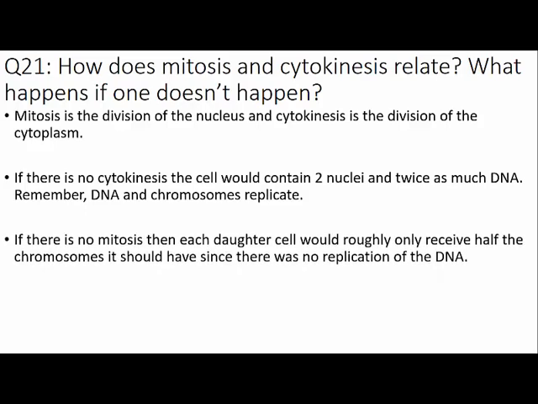Now, if there's no mitosis, then each daughter cell would roughly only receive half the chromosomes it should have, since there was no replication of the DNA. You would have a cell that would have 46. If there's no replication, then when it splits, it would have 23. The daughter cells would have 23 chromosomes and 23 chromosomes in the other daughter cell. It's not going to have all the information that it needs.